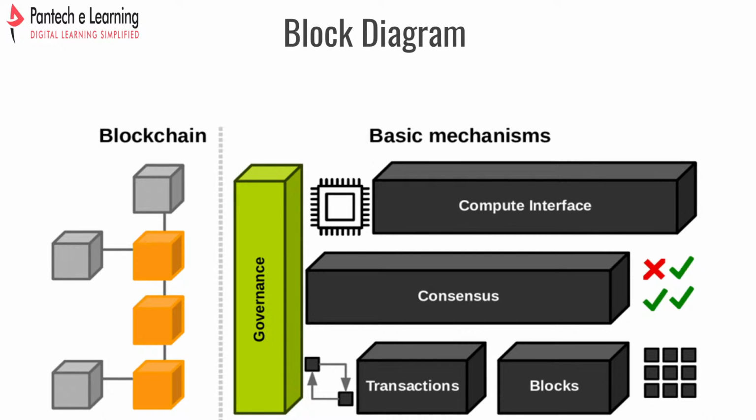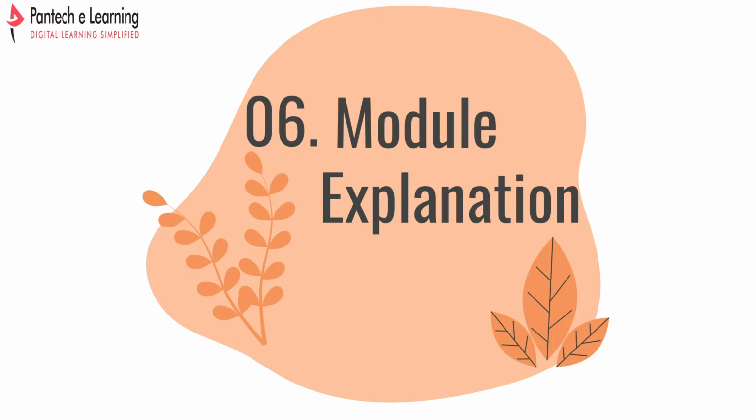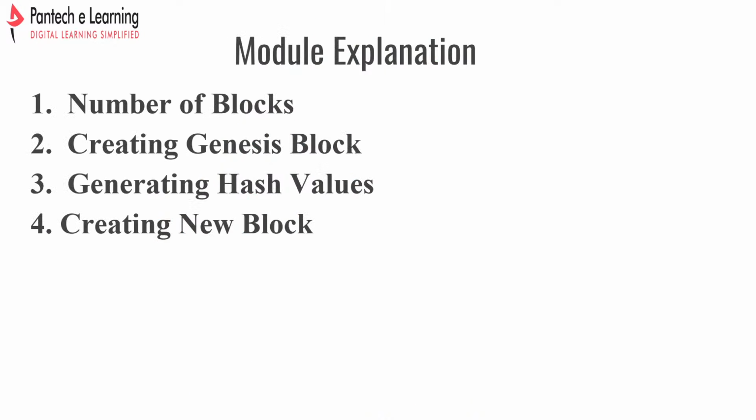Now the next thing, module explanation. Here are the modules we are using: first one is number of blocks, then creating a genesis block, generating the hash values and creating a new block. For number of blocks, as I said before, first of all we need to give how many blocks we need to create in our blockchain community.